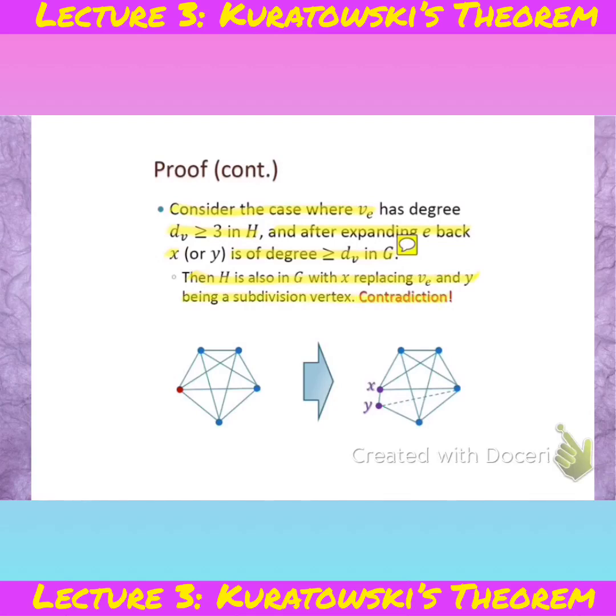This is a contradiction. So this is basically the first scenario, where you can see X as VE and you just merged Y into X.